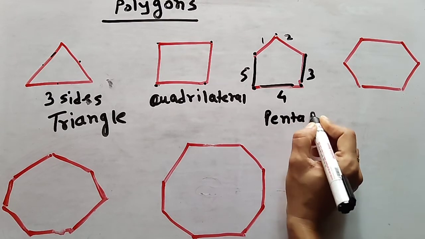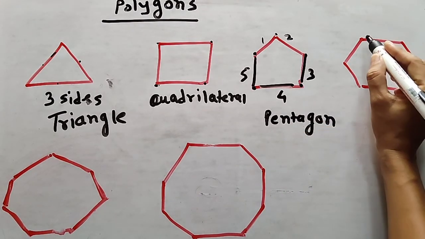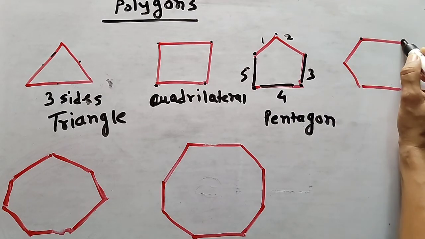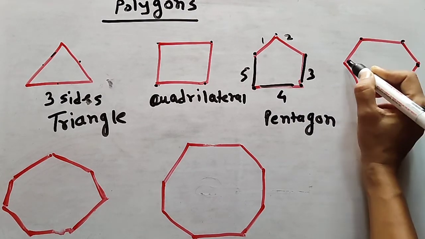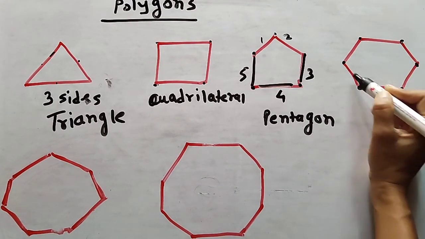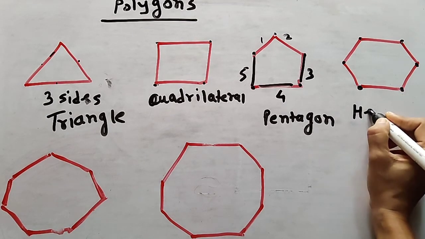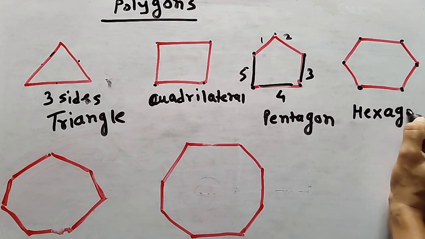Then next, how many corners or vertices? 1, 2, 3, 4, 5, 6. 6 vertices. And how many line segments? 1, 2, 3, 4, 5, 6. 6 line segments. So this is called a hexagon.